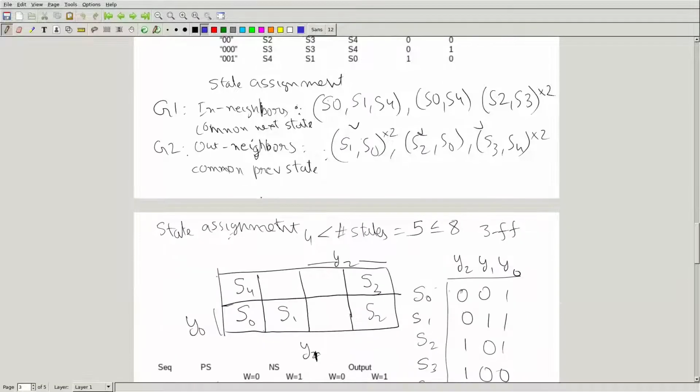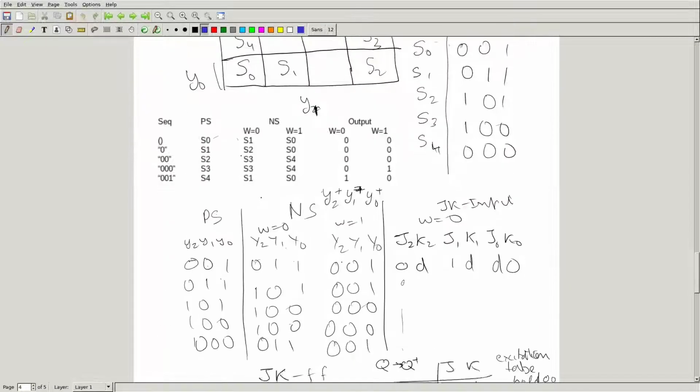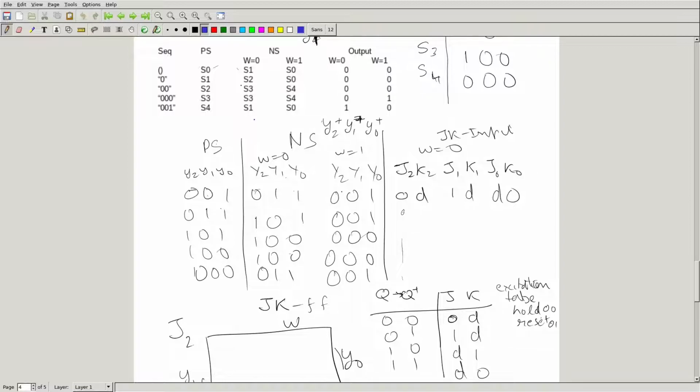And then we did the state assignment, and after doing the state assignment, we were wondering how to design the circuit from this using JK flip-flops.